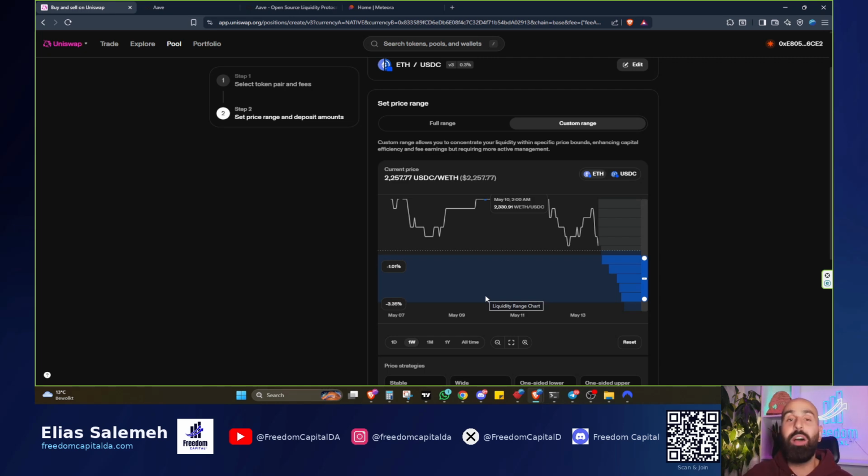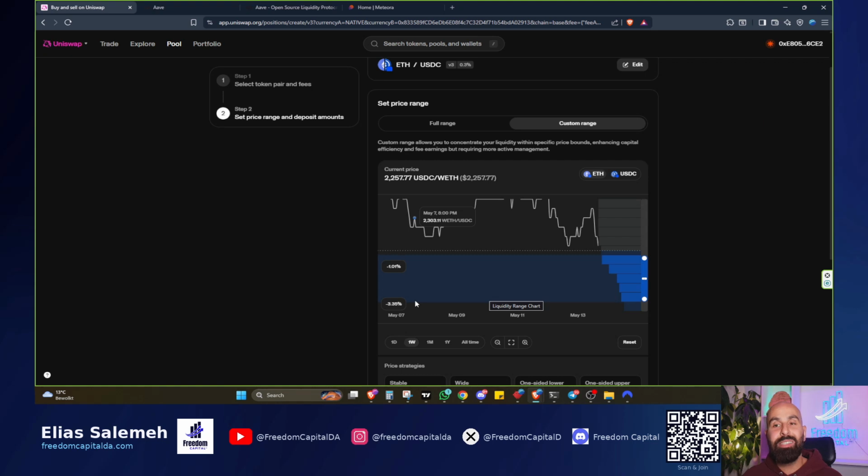What I can do is provide single-sided liquidity, which is USDC in this case, with a price range of -1% to -3%, and I just wait. If the price of Ethereum starts going down to the price range that I am in, then it will automatically start swapping my USDC into Ethereum. This way, I will be able to enter a position and at the same time accrue fees.